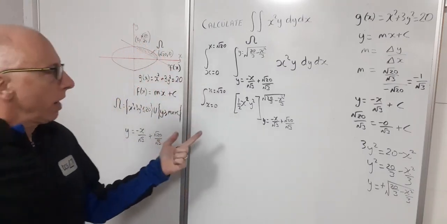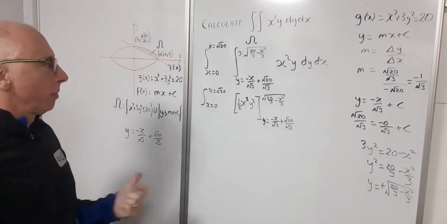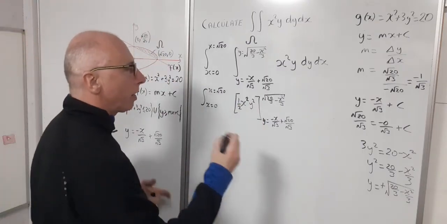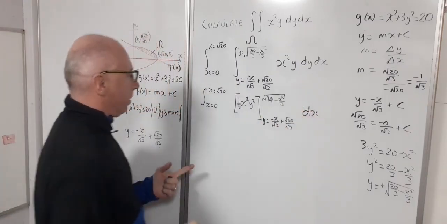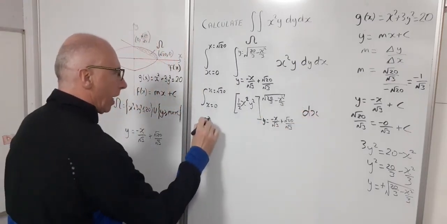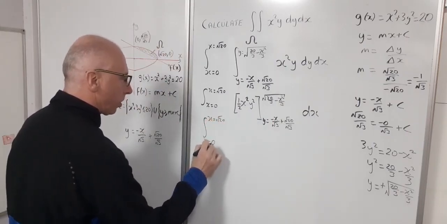Okay, so now whenever we see a y, we plug in our value here. So let's go for that. Let's simplify, not forgetting to put our dx at the end. So x equals root 20. We've still got this integral to do, so that still stays in there.